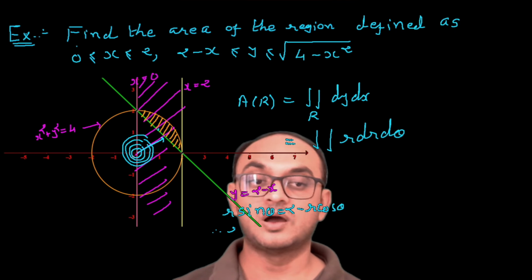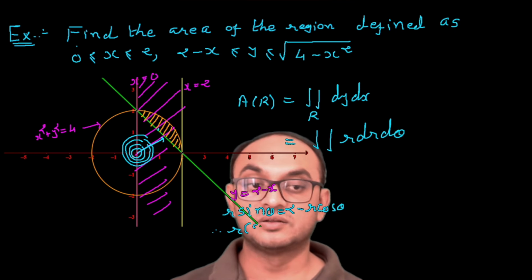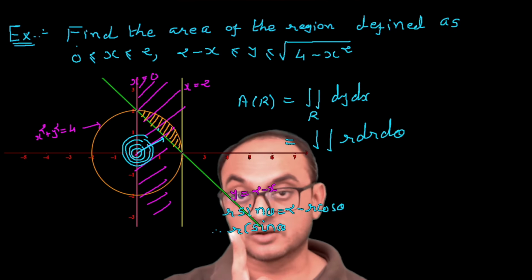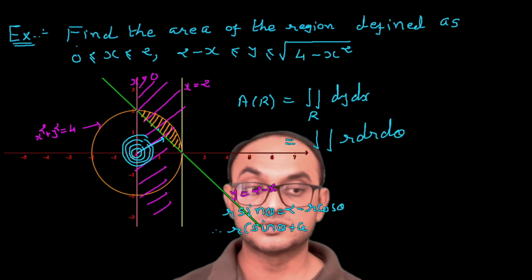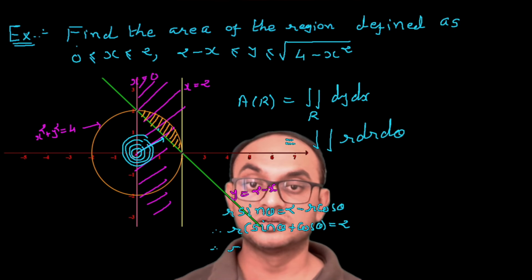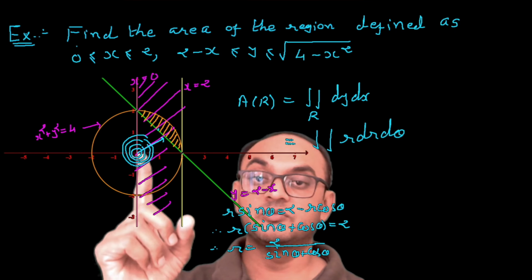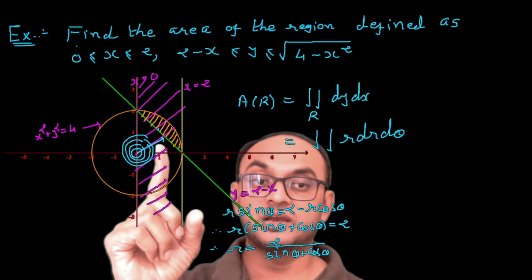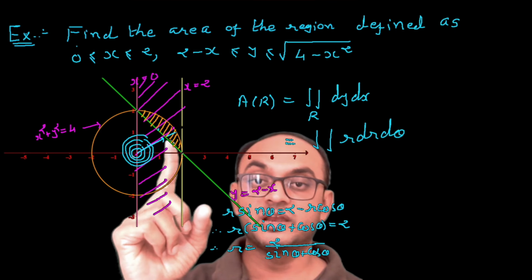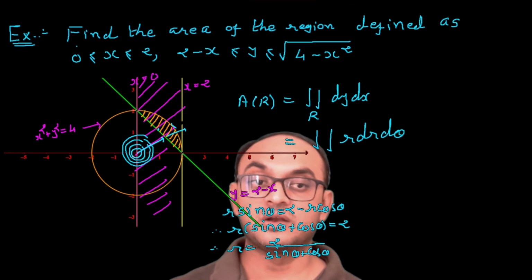Therefore, r sin theta plus r cos theta, so I am taking r common. So r times sin theta plus cos theta is equal to 2. And therefore, what is r? 2 upon sin theta plus cos theta. That means my radius starts from this, and again I am increasing my radius, and this is the end of our radius.